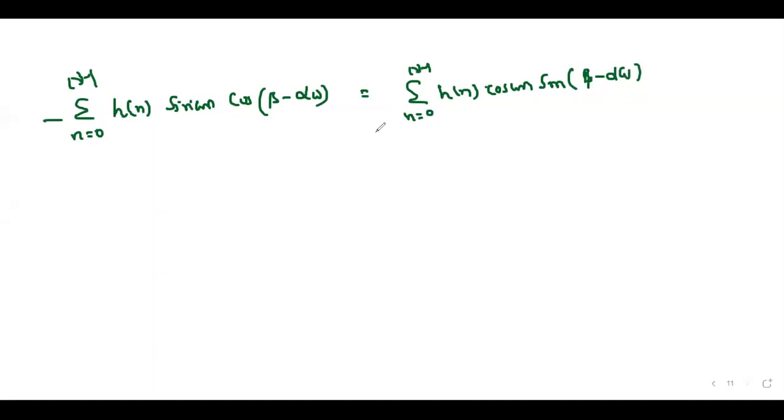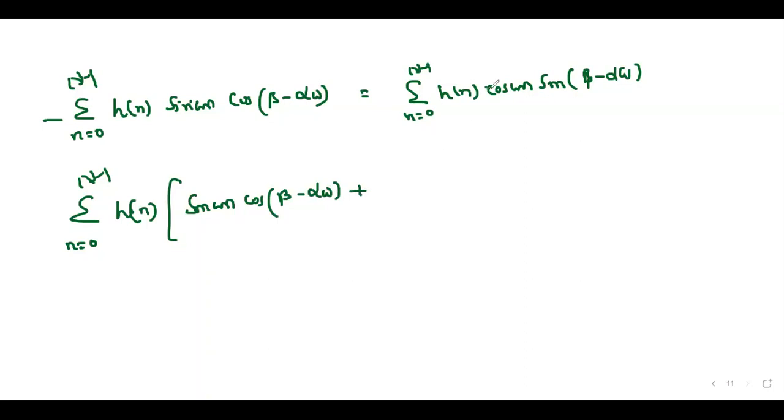Okay. Now we'll take this total to this side. Then what can I write? Minus you can take common and leave it. So it is equal to summation n is equal to 0 to n minus 1 h of n, take common, then remaining is sin omega n into cos of beta minus alpha omega plus, if you take this side it will become minus, so minus minus is taken common and remove it.